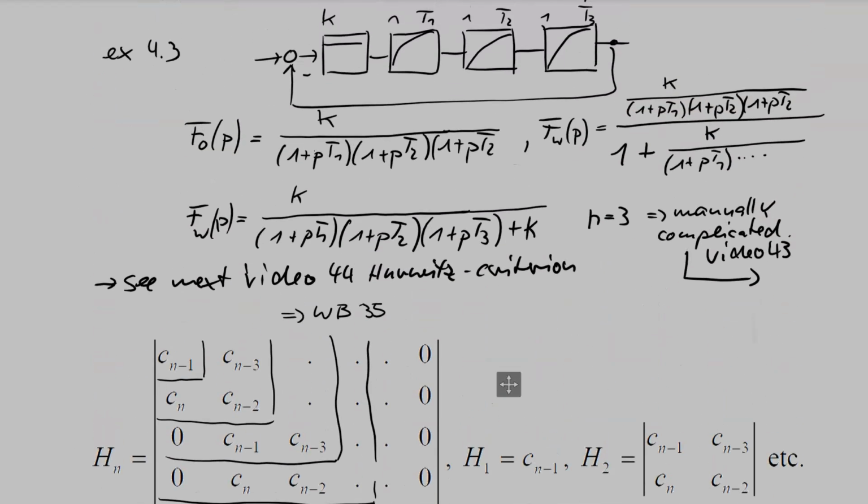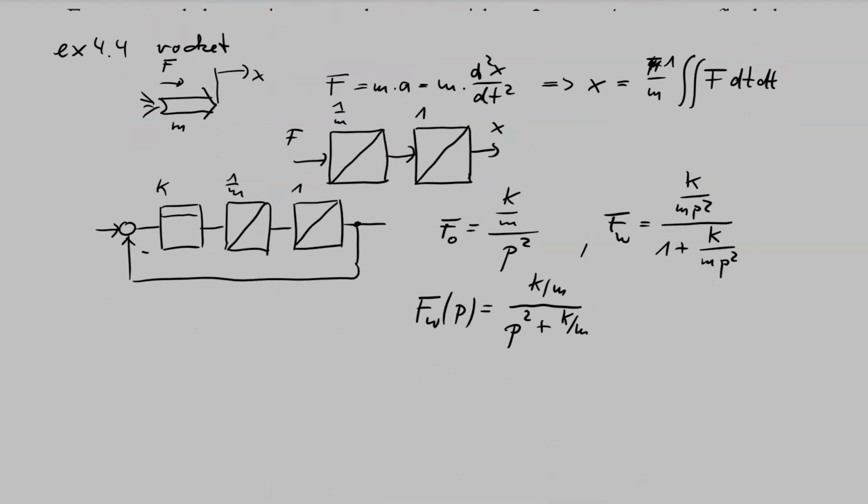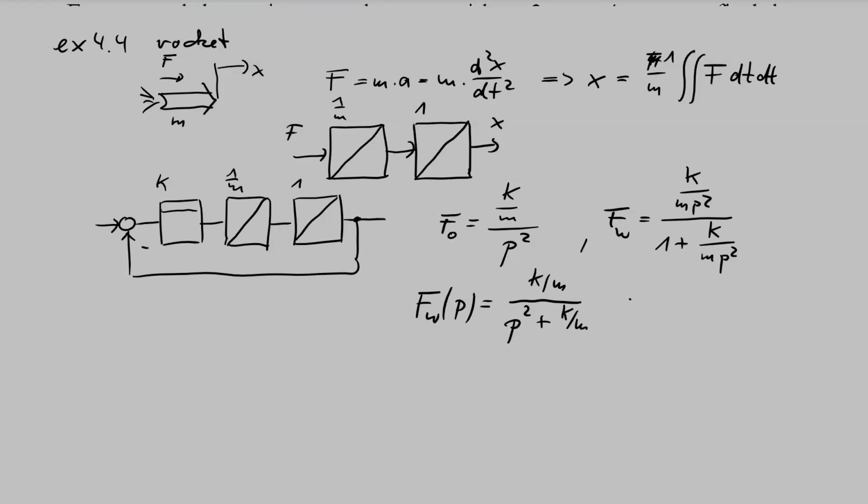And note stability with the rules of Hurwitz needs, this is n equals 2. So C2 is 1, C1 is 0, and C0 is k over m. So we can say, okay, in red, this is a violation. So we know this is unstable because the coefficient C index 1 is missing.